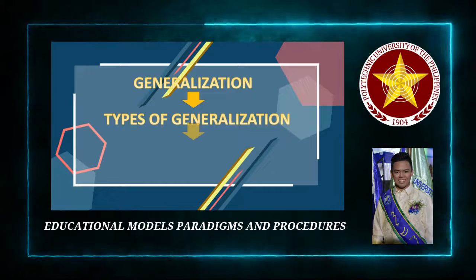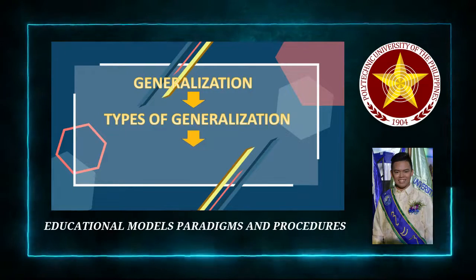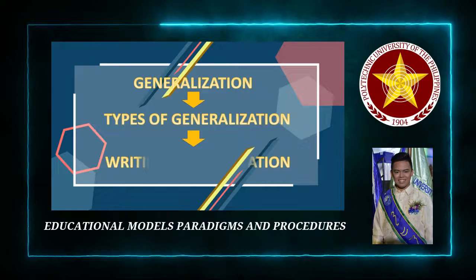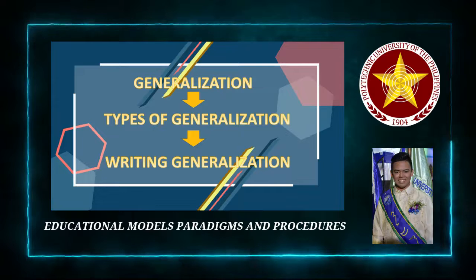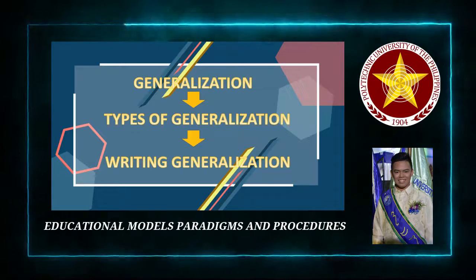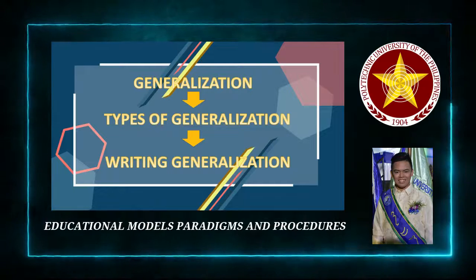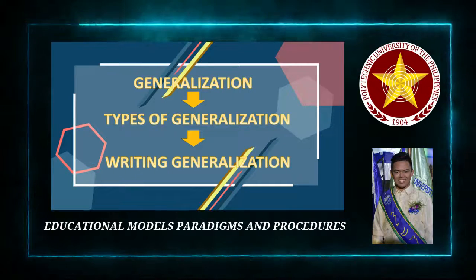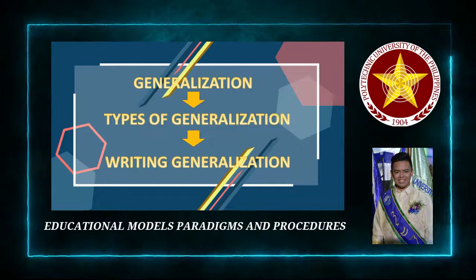In writing a generalization, you have to have facts that support it, make logical sense, and have several examples. In invalid generalization, you don't have facts to support it, it is not reasonable, and it cannot be proven.